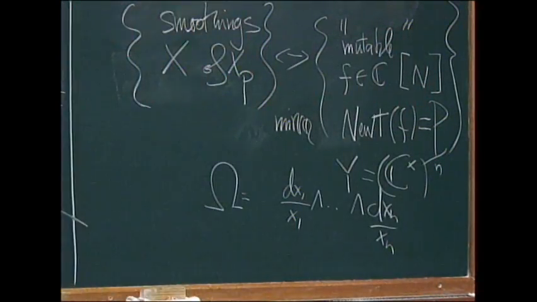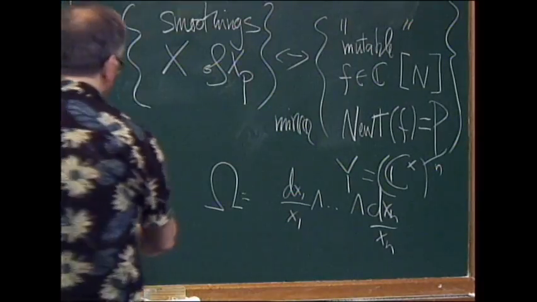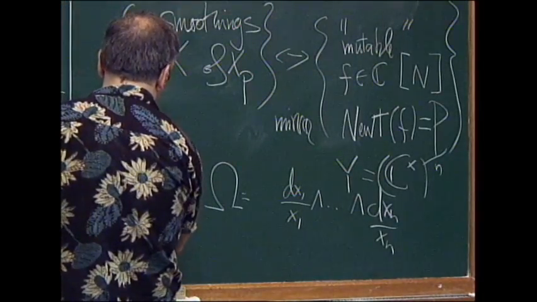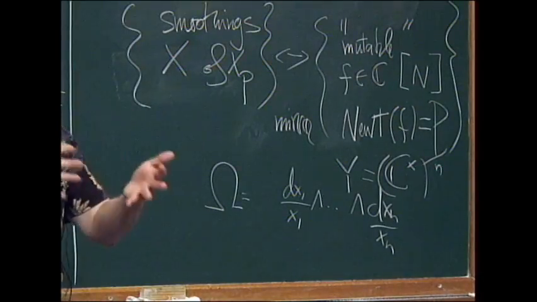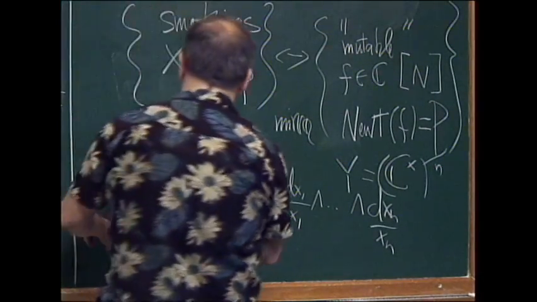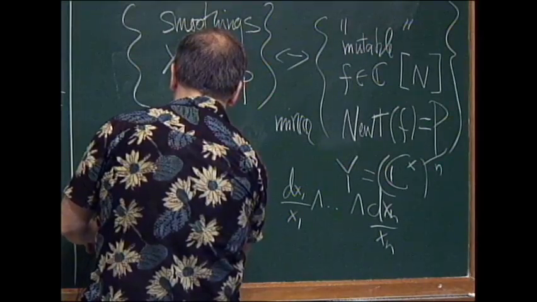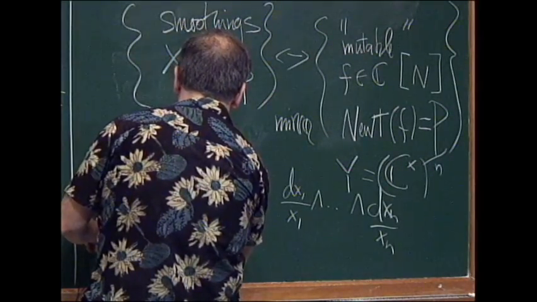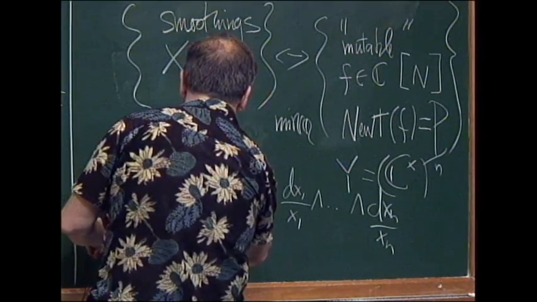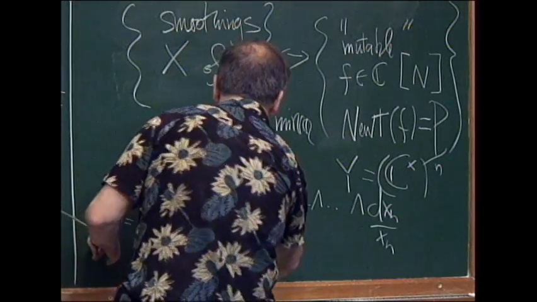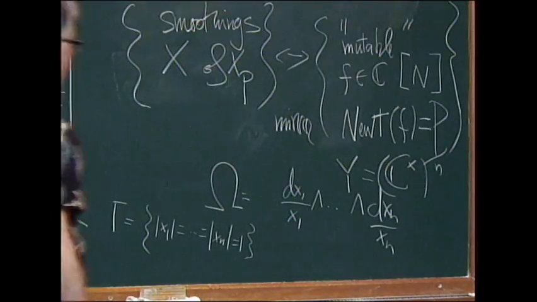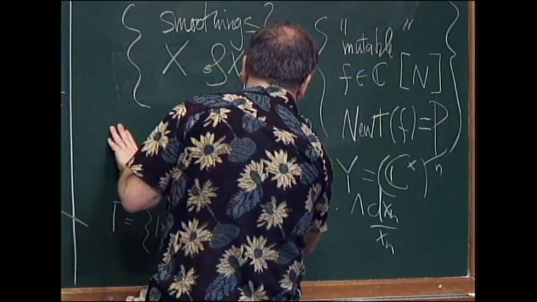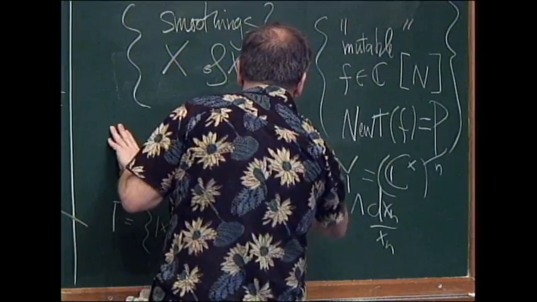And the cycle gamma is just the circle. H_n is Z, and it has a generator, and that's the cycle norm of x1 equal norm of xn equal 1, for example. And because I said that omega is normalized to have volume 1 against gamma, then I probably divide by (2 pi i)^n.